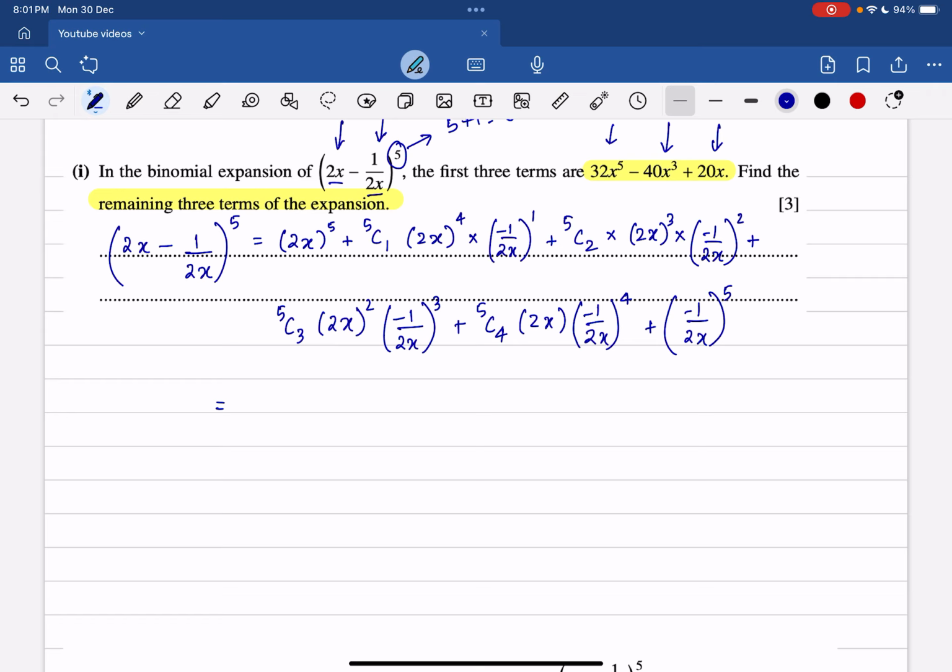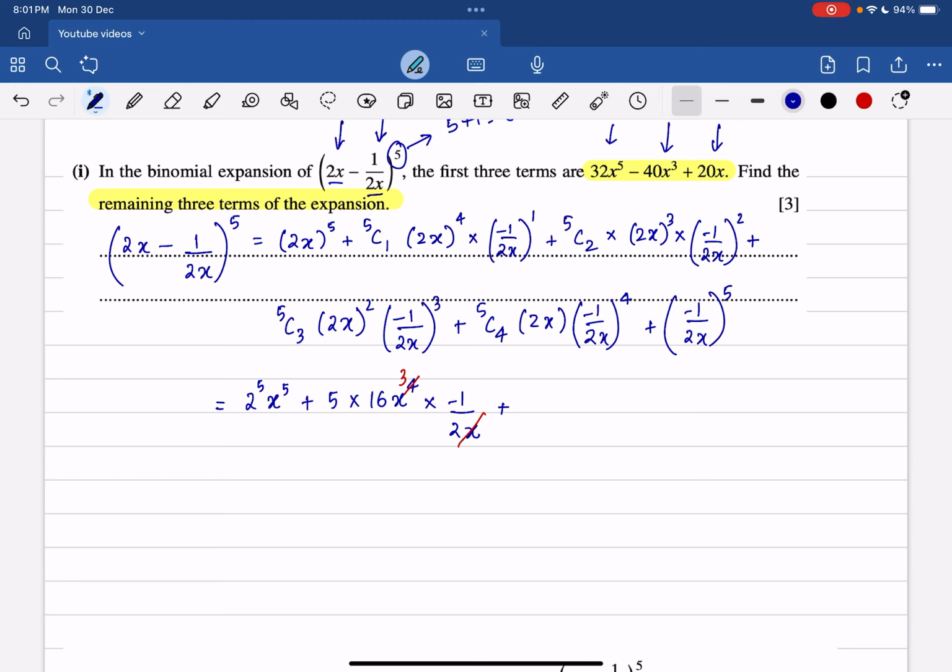2x the whole raised to 5 makes it 2 raised to 5, x raised to 5, yes, plus 5c1. I'm going to look at this 5c1, 2x raised to 4, and this, right? So 5c1 is 5, 2 raised to 4 is 16, x raised to 4 times negative 1 by 2x, which means I can cancel out 1x from here, and from here I'll be left with 3 x's out there, plus I'm focusing on the next term now.